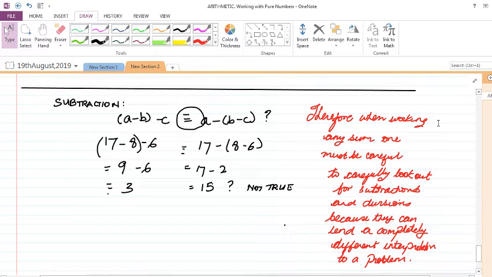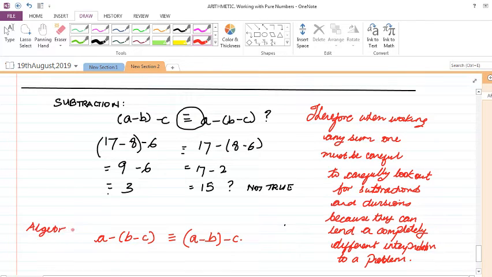So, when working with symbols in algebra, I am saying to you, A take away B take away C is not going to be the same as A take away B first, then take away C. In algebra, this is an oft repeated error. Right?